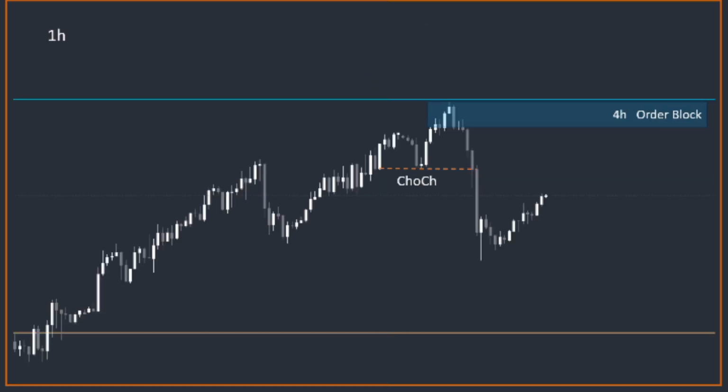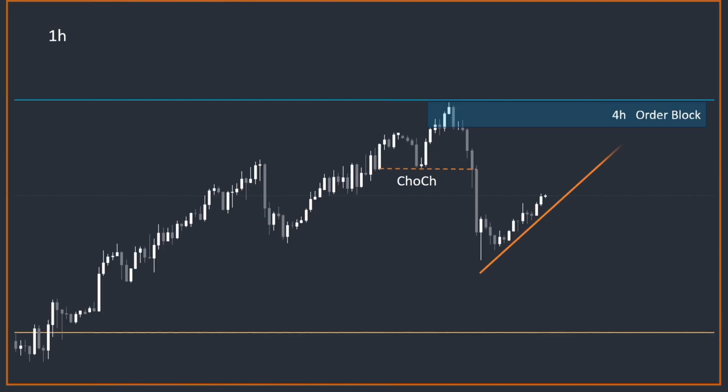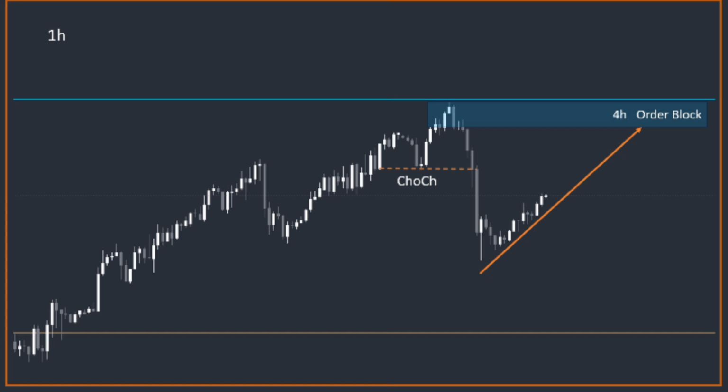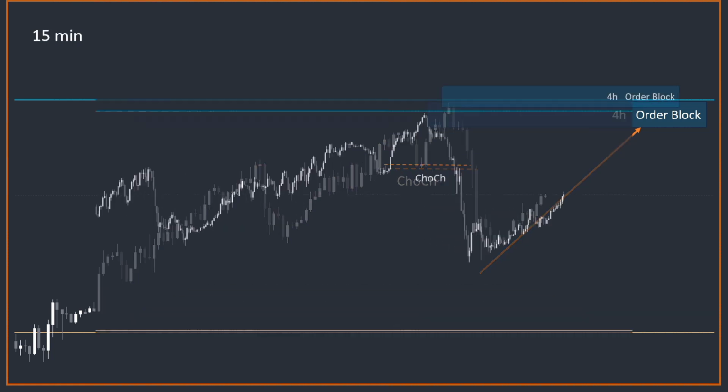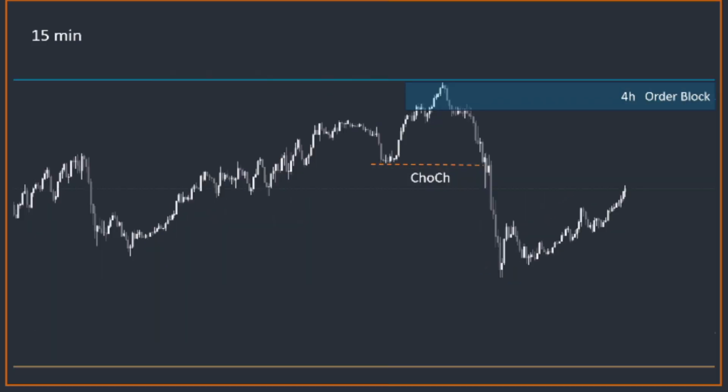Remember, on 4 hours we identified an order block, so this is the same order block on the 4 hours time frame. And when we're looking down here at the current price, we notice that the price is currently in a short-term bullish trend, right? It's going up. So let us zoom in on the 15 minutes time frame.